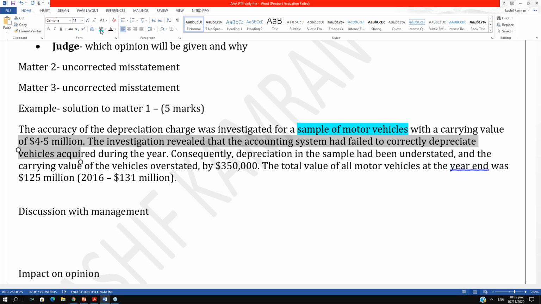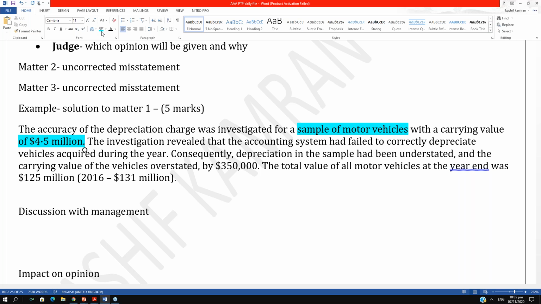And what was the purpose of this sample of 4.5 million? To confirm the accuracy of the depreciation charge.